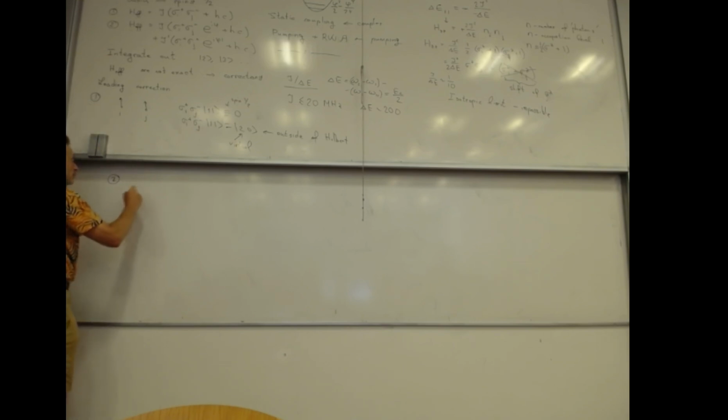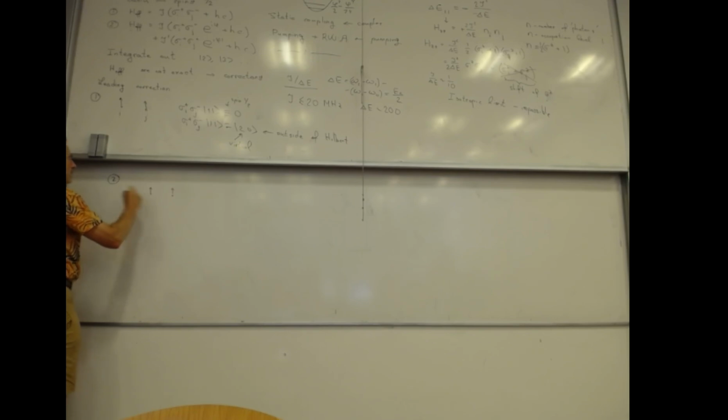Suppose I have two spins at distance 1 from each other, and this spin is also in state up, and that's crucial.